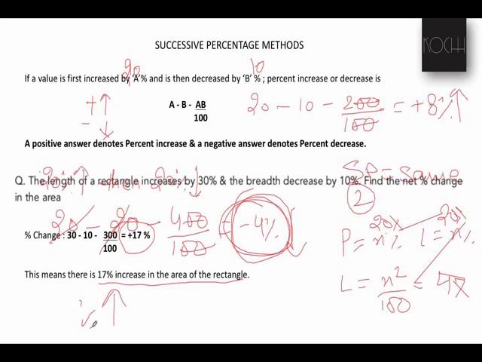So whenever you have two such variables and there is a certain percent change associated, you can use this formula. Even the earlier formula that we have studied, a plus b plus ab by 100, could be used in the percent increase in length and breadth, or the radius or the side of the square.